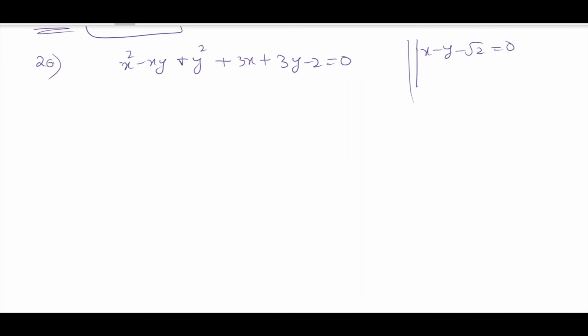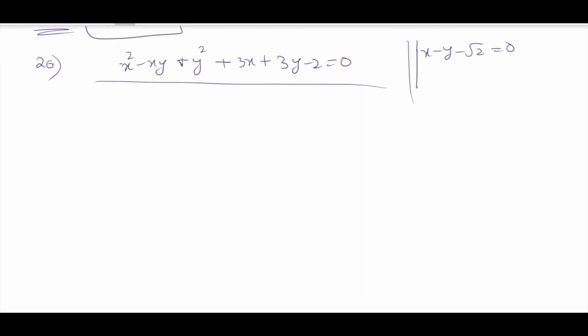So we need to homogenize this given pair of straight lines. On homogenizing equation 1 with equation 2, I can write equation 2 as x minus y equals root 2, and (x minus y) by root 2 equals 1.